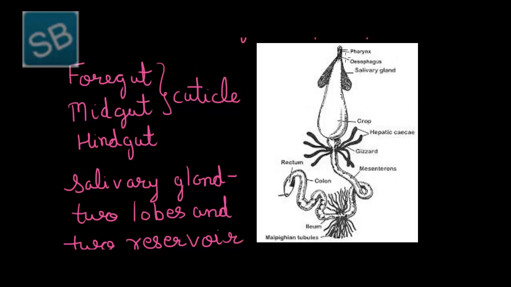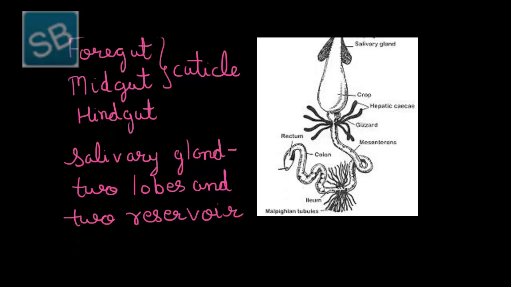Following pharynx is a narrow tubular structure which is known as esophagus. It enlarges at its posterior end to form crop.